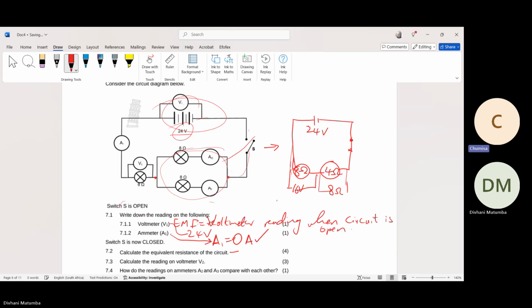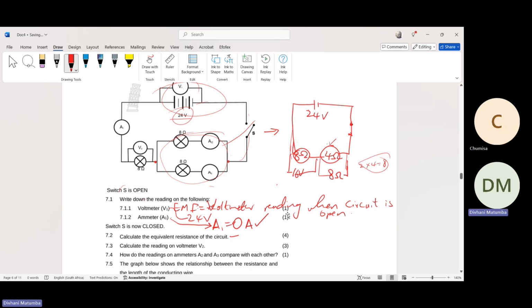I just subtracted 16 from 24. Yes, you can subtract, or you can use Ohm's law. Voltage equals I times R. I is 2, times the resistance. How much is the resistance here? It's 4. You can say 2 times 4, and you will get 8, the same thing. Do you understand? Yes, sir. Okay, perfect.